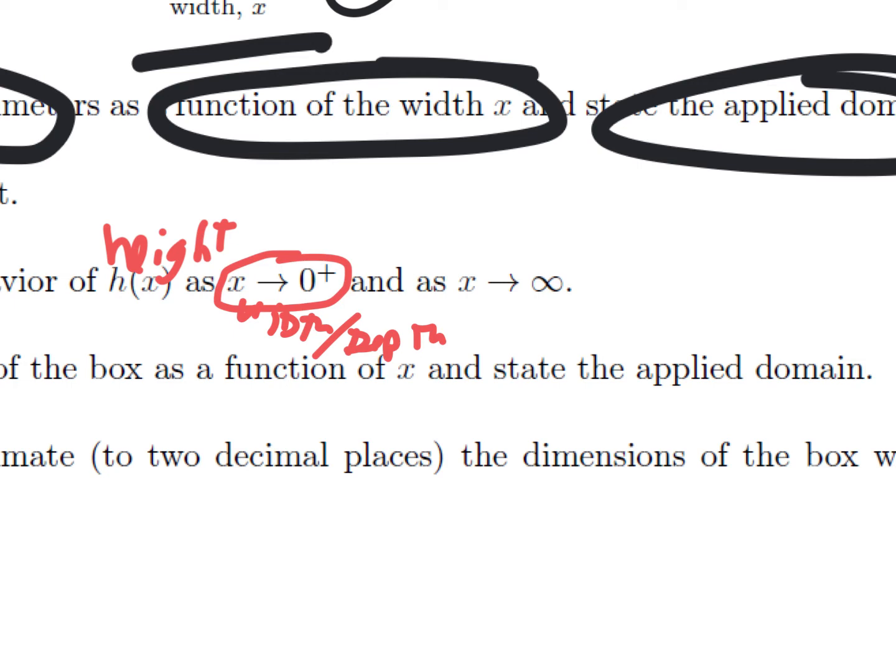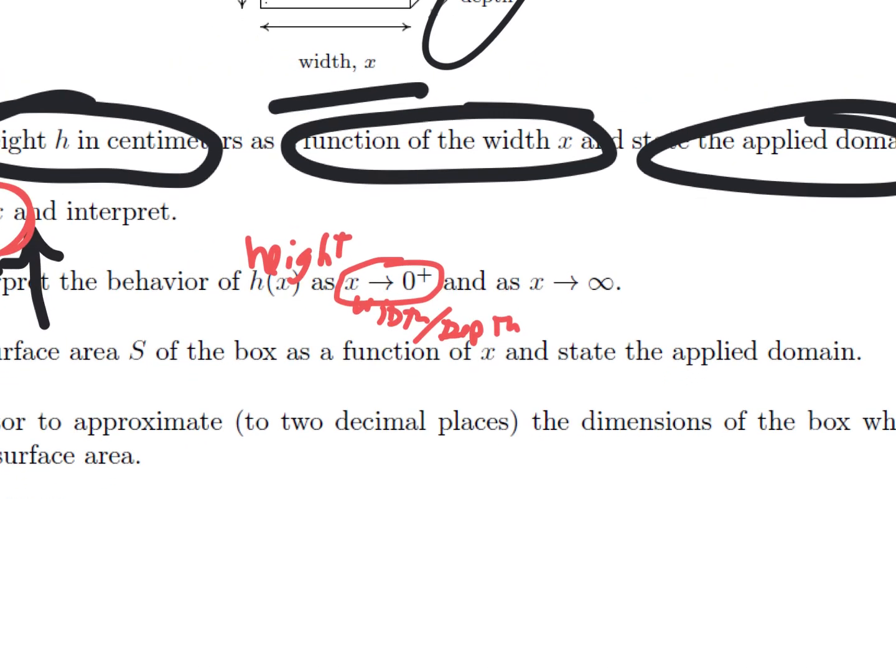As x gets closer and closer to 0, x is getting smaller, smaller, smaller. What do you think the height is doing? As x gets really, really, really close to 0. Remember, the volume has to be 1,000. If I make that base smaller, smaller, smaller, smaller, but the volume has to be 1,000, do you get the height has to get bigger?